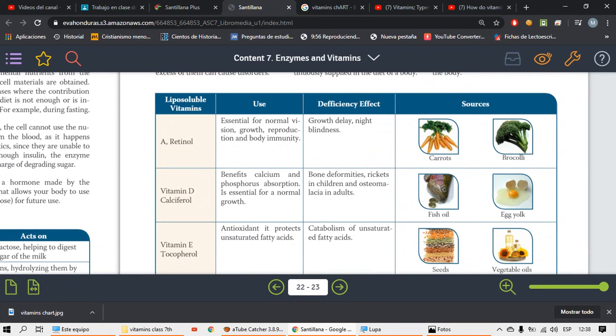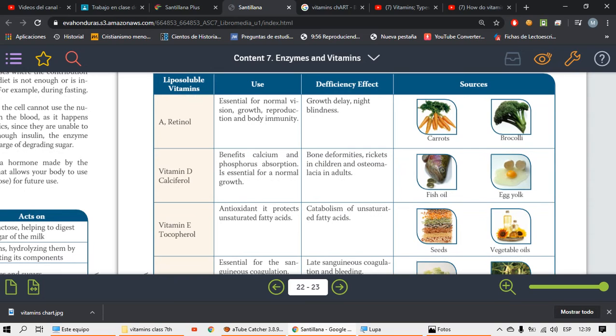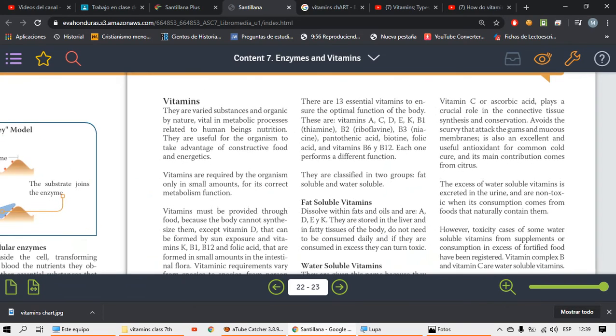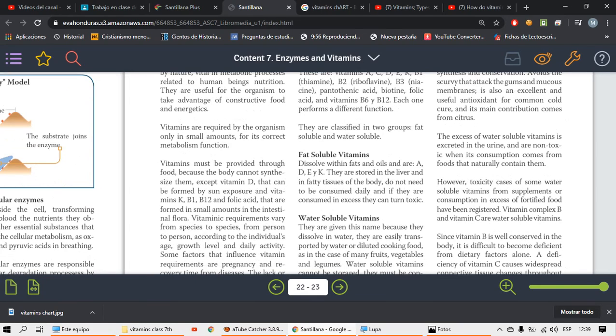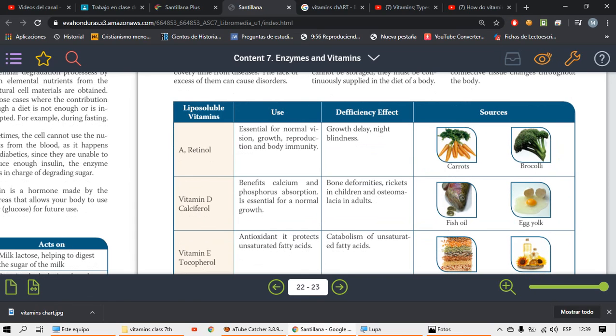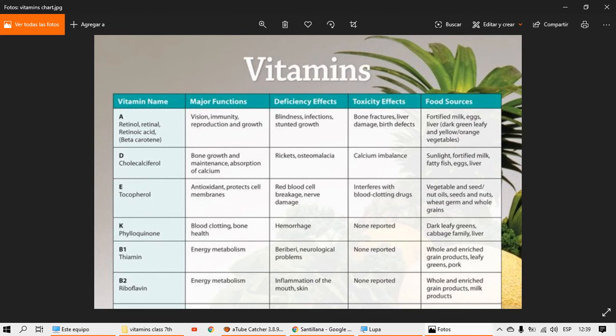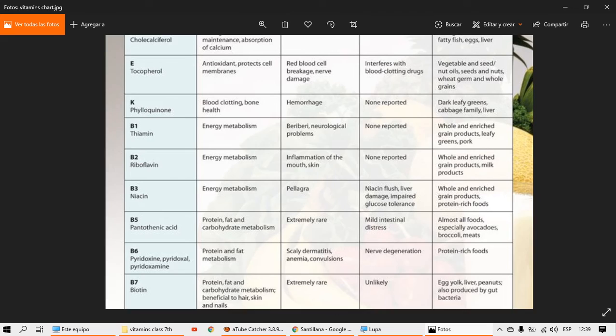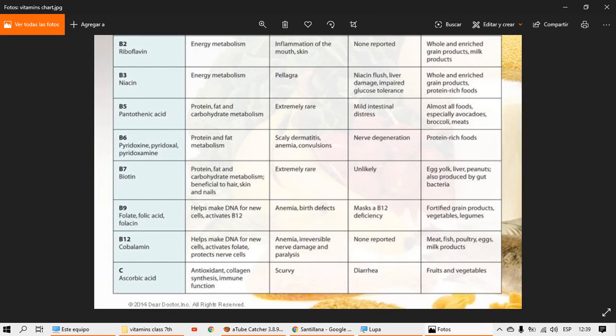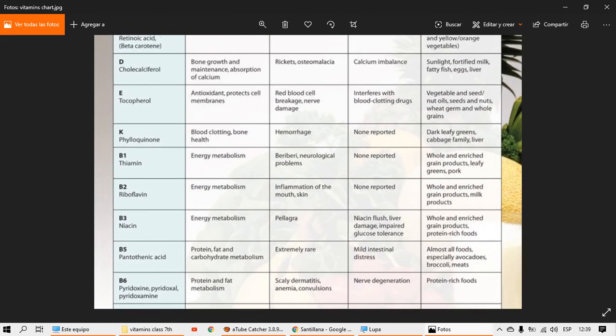Remember the functions, very important. I will leave you an activity. Basically, what you're going to do is take your book, again, underline the important information, and when you finish all that, please open the picture that I will add to your platform saying vitamins. This chart will have more vitamins that you can analyze to see the function that they have inside the body.